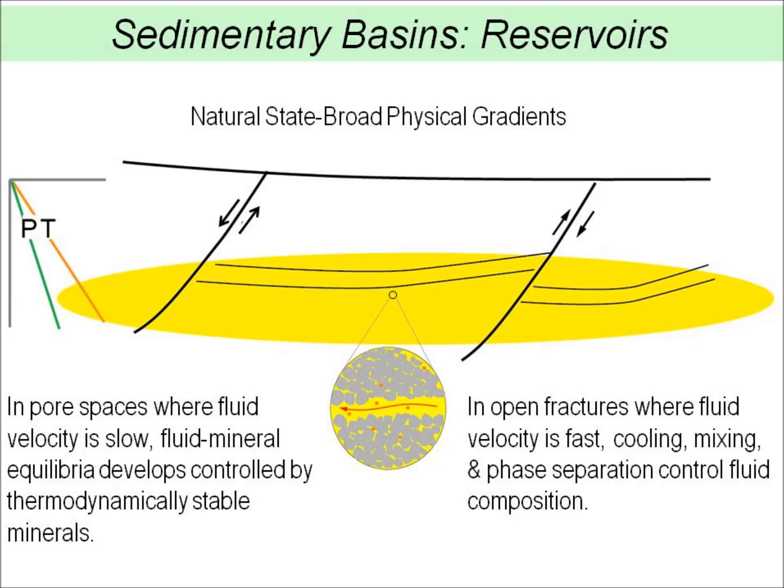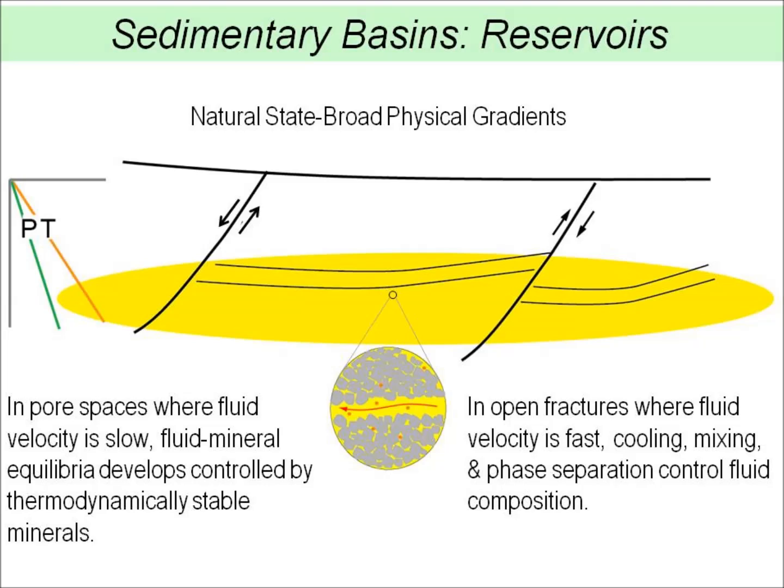We might assume initially that there are broad physical gradients, so that temperature distribution is relatively homogeneous, and certainly there's no expectation of a pressure drop, because these are laterally extensive rather than vertically rising columns of water.